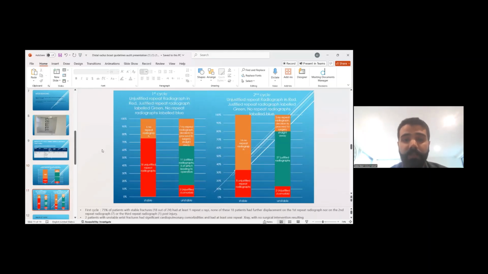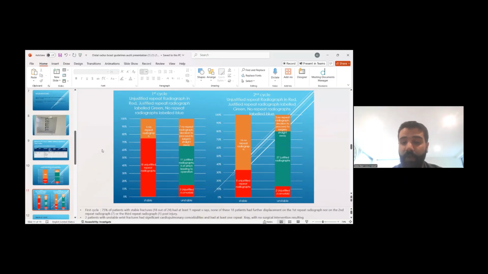So this is the 2 cycles together, and we can see there is improvement in the second cycle. We had 18 patients in the first cycle with unjustified repeat radiographs, compared to only 8 patients in the second cycle.